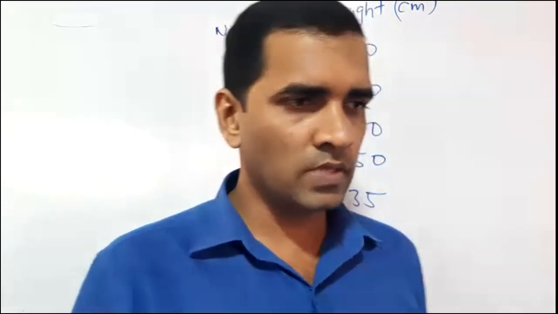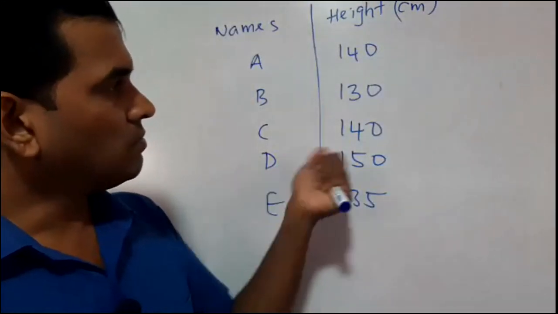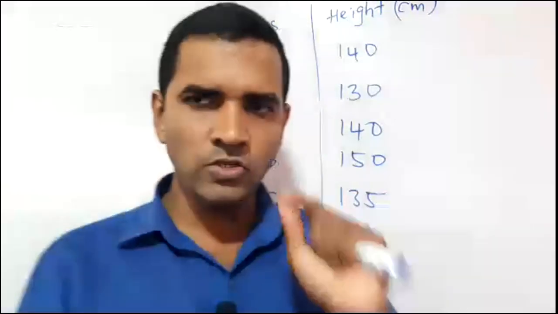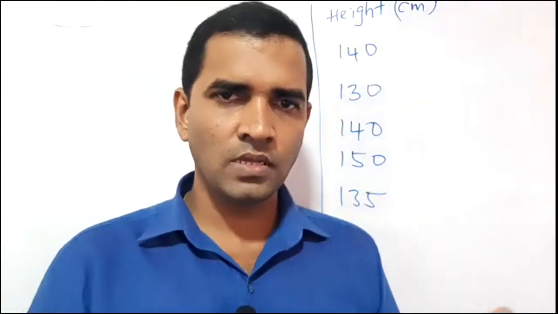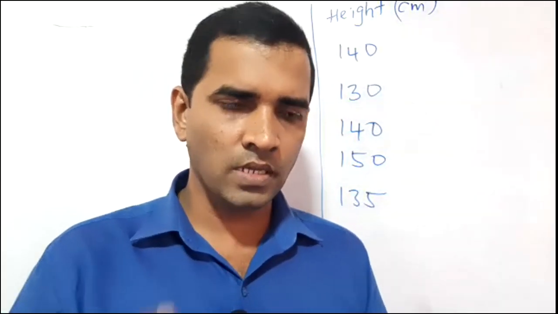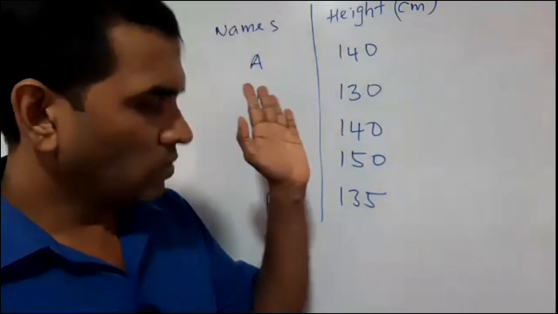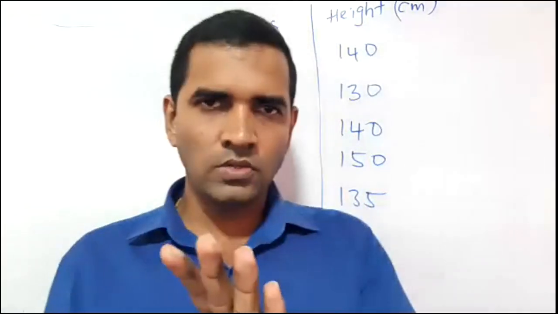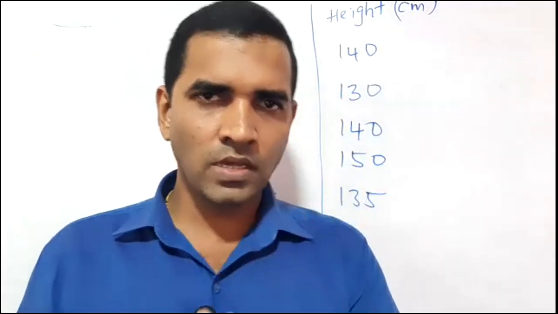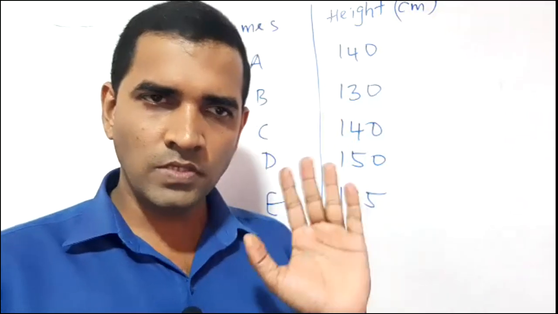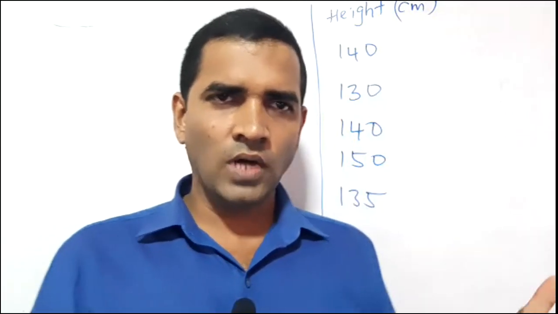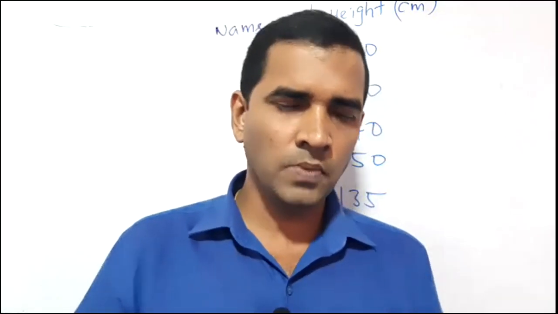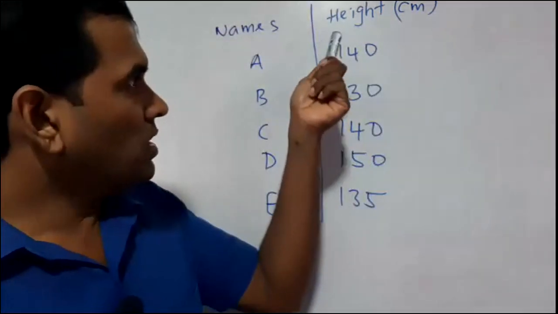Now come to the example. Listen to me very carefully. This is a little complex, and I have to clarify. Yes, your thought is correct. Your idea is correct, this is data. But we need to understand something. Let me explain.